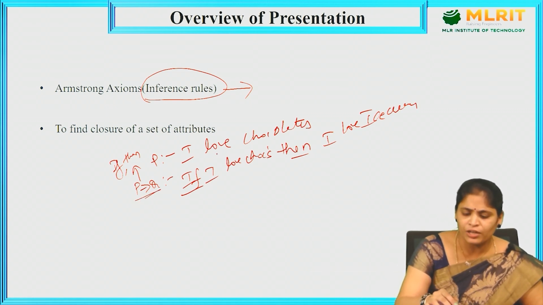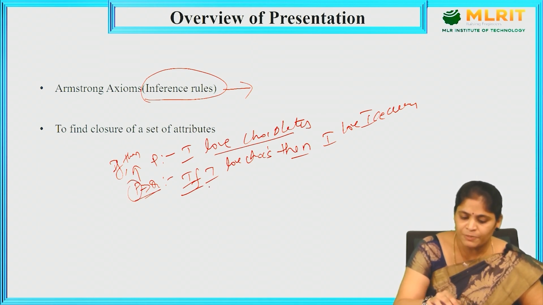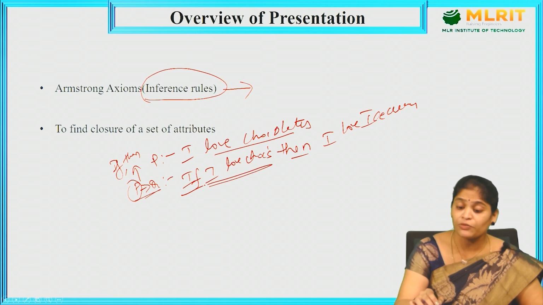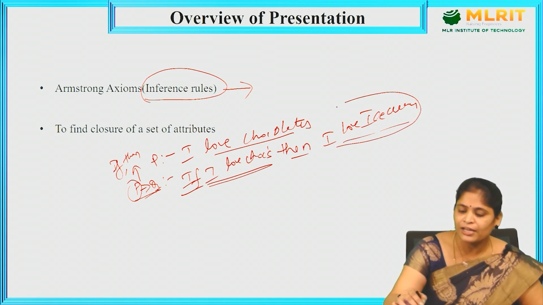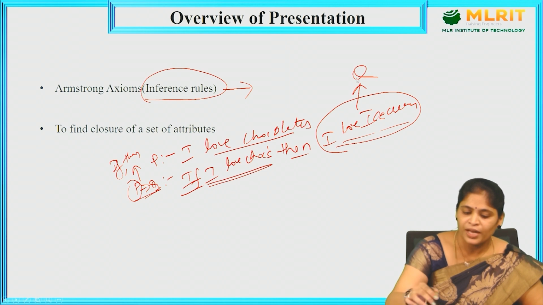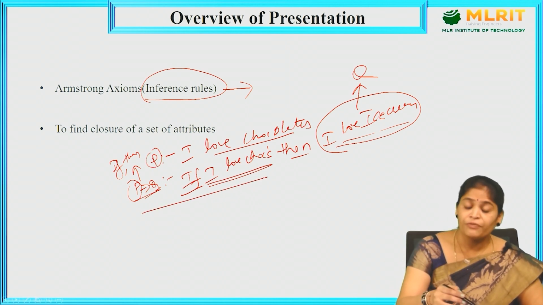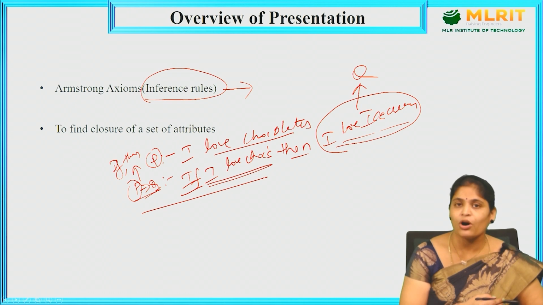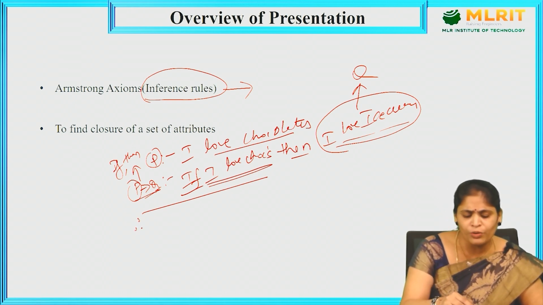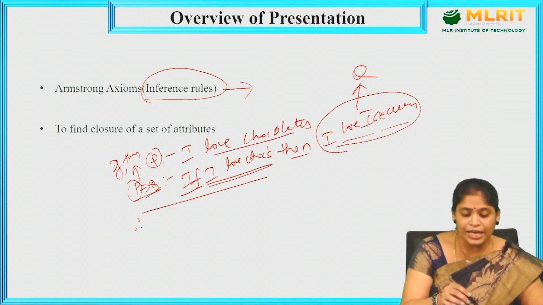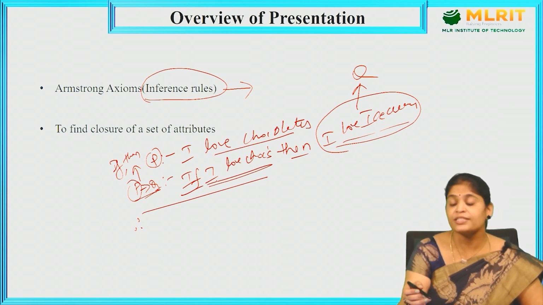Here P is: I love chocolates. P implies Q: if I love chocolates, then I love ice cream.